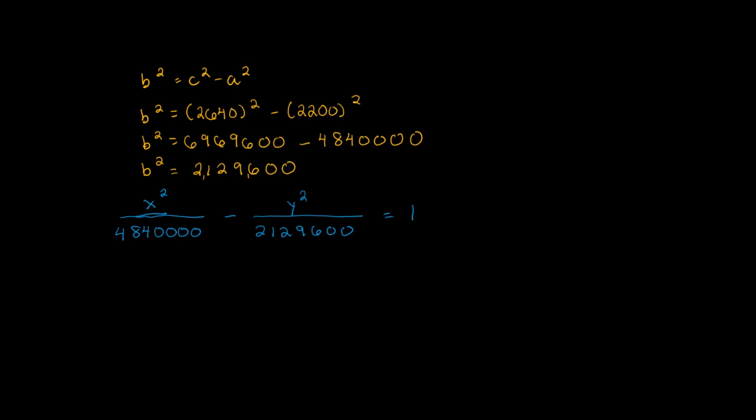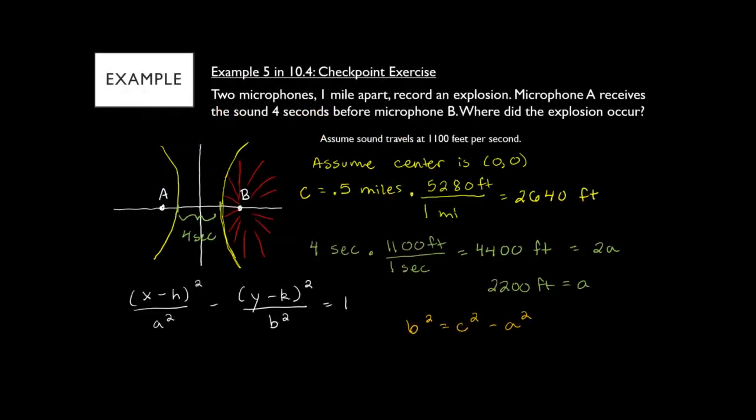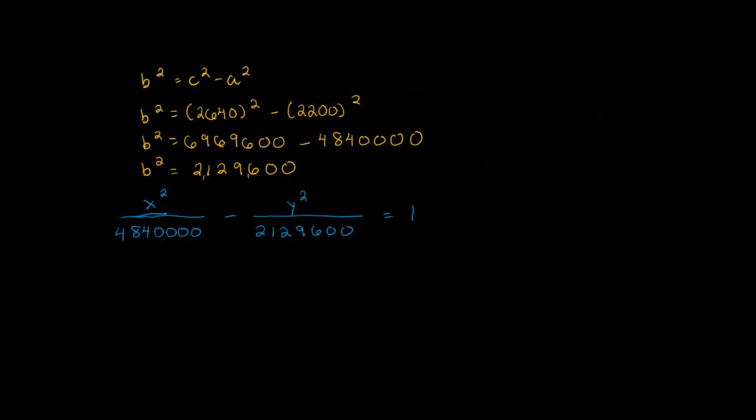So now we have this equation that is telling us that we've got a hyperbola here. And the question is saying, where did the explosion occur? Well, we've got an issue because we can't figure out where it occurred specifically. We don't have enough information basically, because we have the equation. We know it occurred somewhere on this hyperbola.